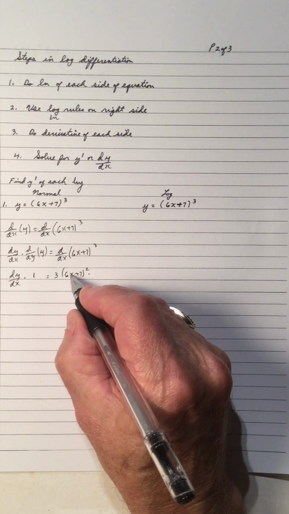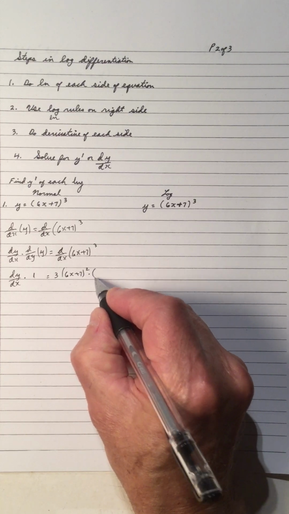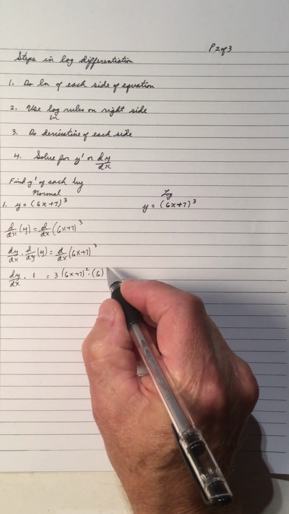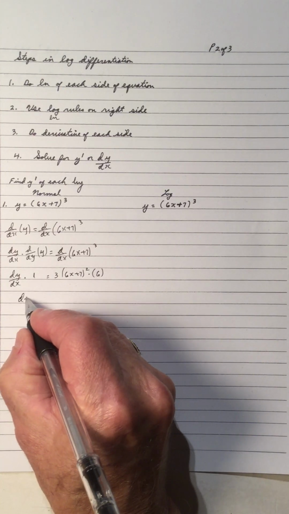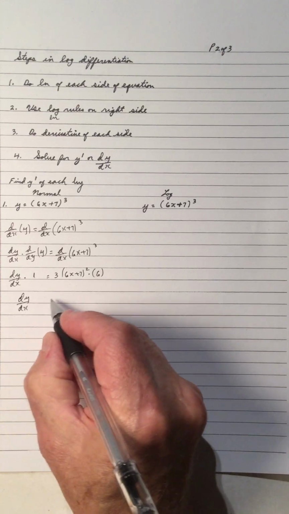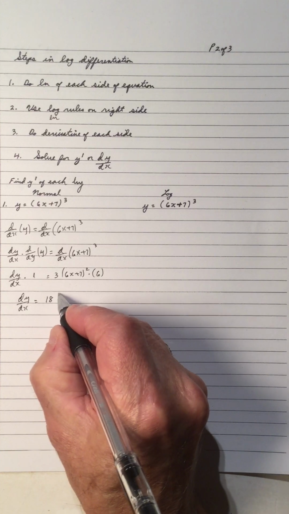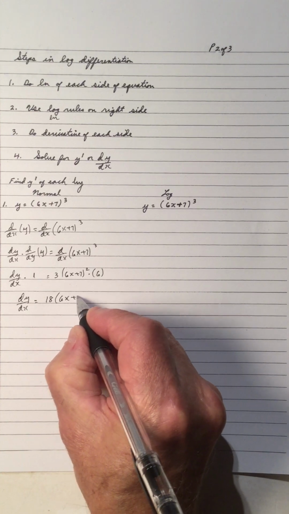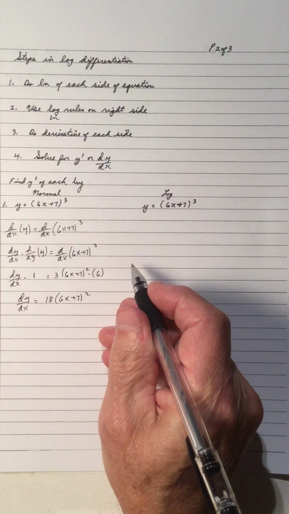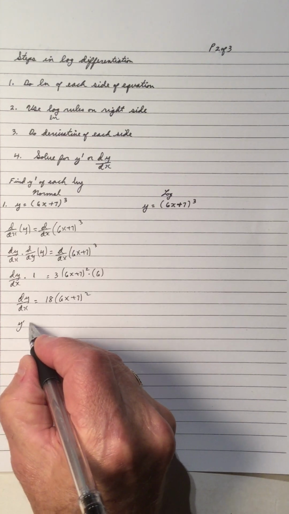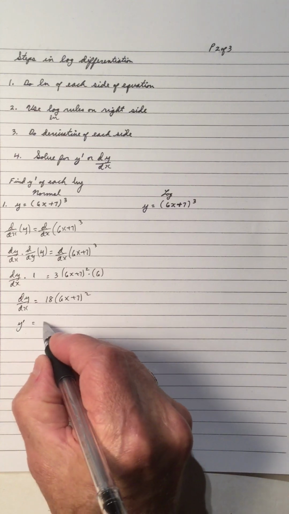So we have the derivative of 6x plus 7, and the derivative of 6x is 6. The derivative of a constant is 0. So that leaves us with dy/dx, and right here we have 18 times (6x plus 7) squared. And dy/dx is also the same as what we call y prime, just another name.